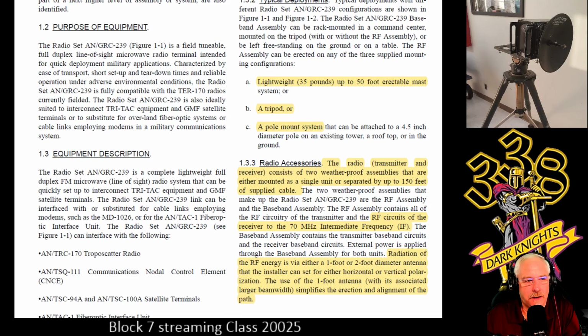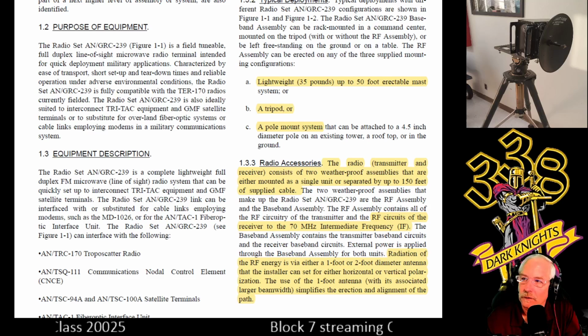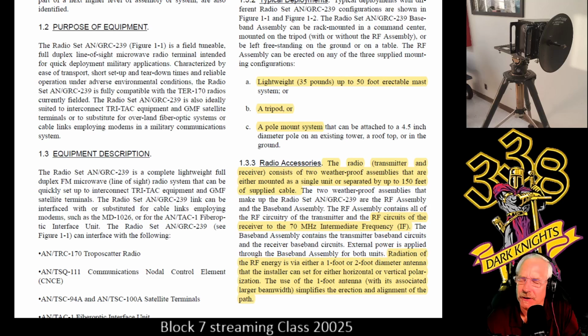Okay. Next up, we look at 1.3.3. It says the radio transmitter and receiver consists of two weatherproof assemblies that are either mounted as a single unit or separated by 150 feet of cable. Just to give you an idea, if you look above me where it says the 3/38 and you look at that picture, that is the 1 foot dish, the 1 foot gate scenario waveguide with the RF assembly.